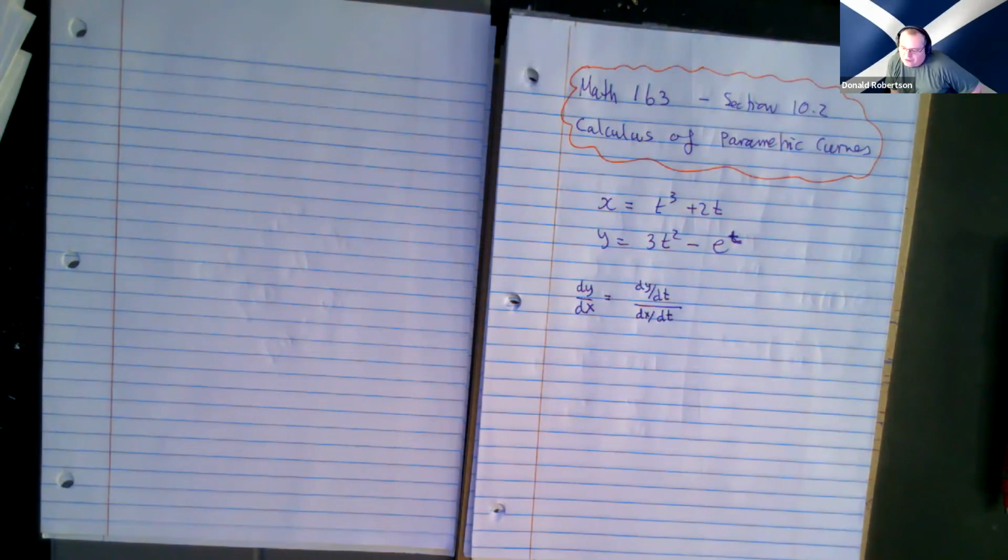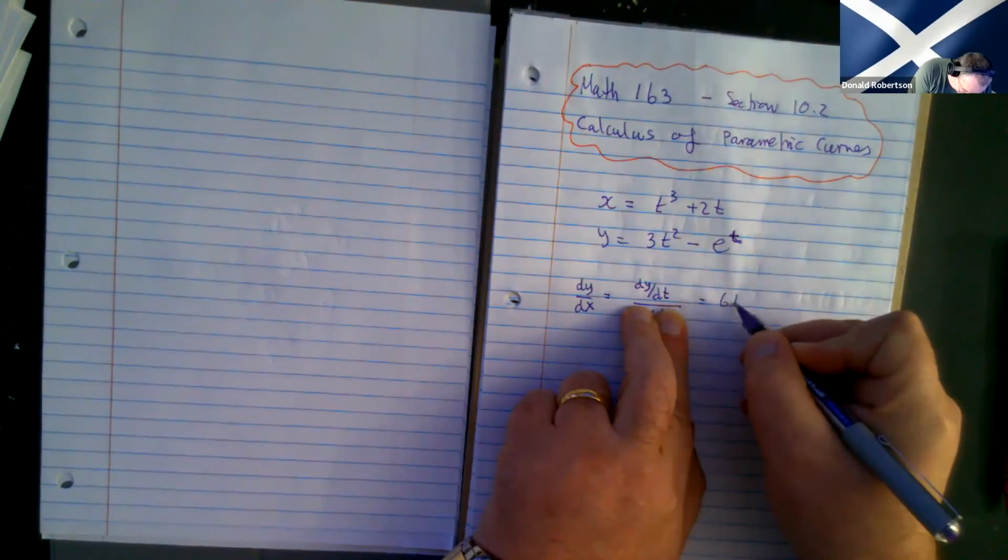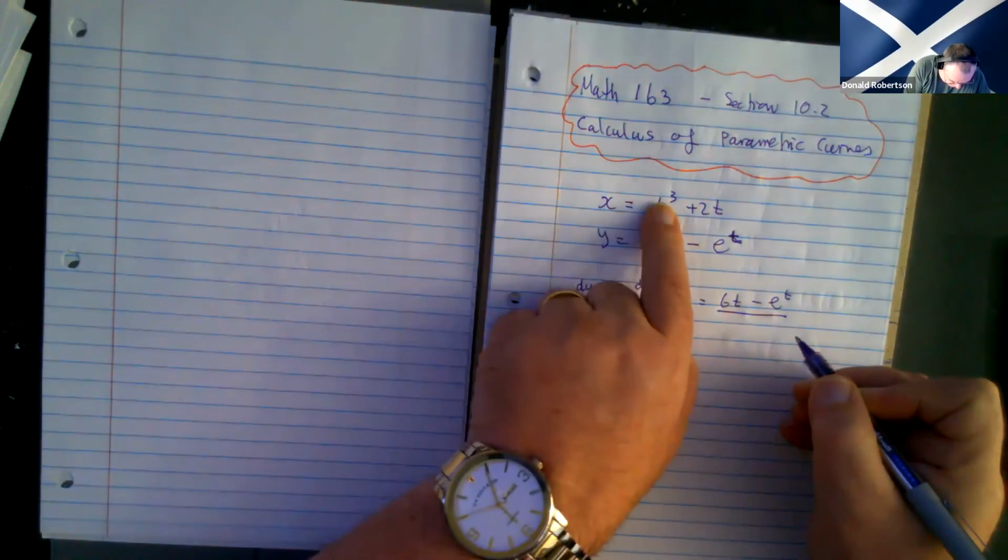Isn't that amazingly simple? You only differentiate the y with respect to t, and that gets you 6t take away e to the t. And you differentiate this guy with respect to t, and you get 3t squared plus 2.